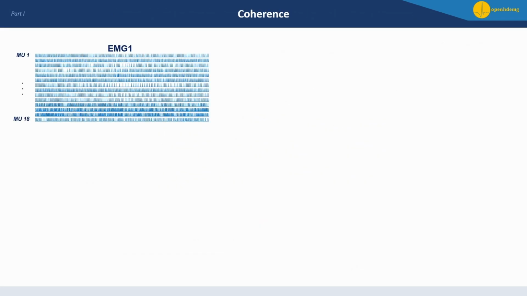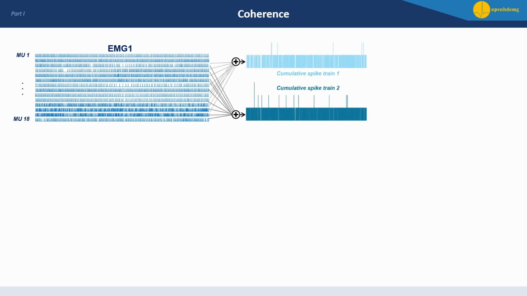Again, as Helio already mentioned, we start with converting our spike times into binary spike trains, and calculating our cumulative spike train from two random half sets of the motor units. For example, here we have 18 motor units. We randomly pick 9 motor units per each CST and calculate that.